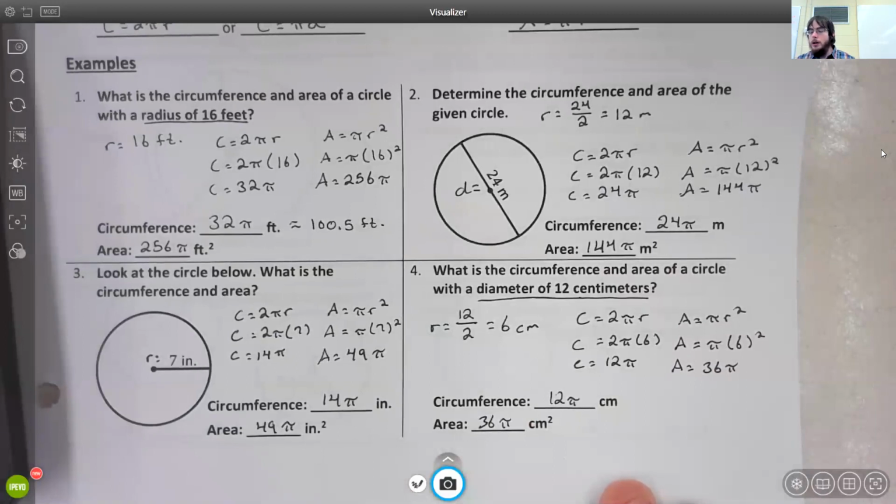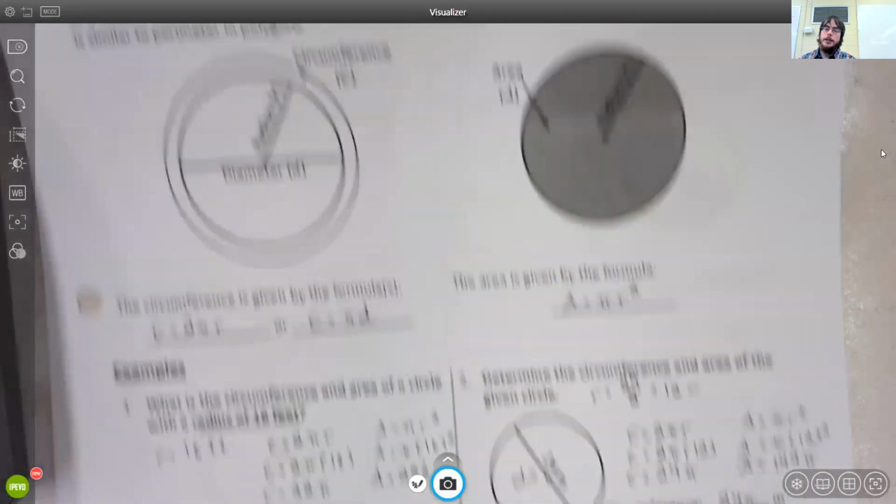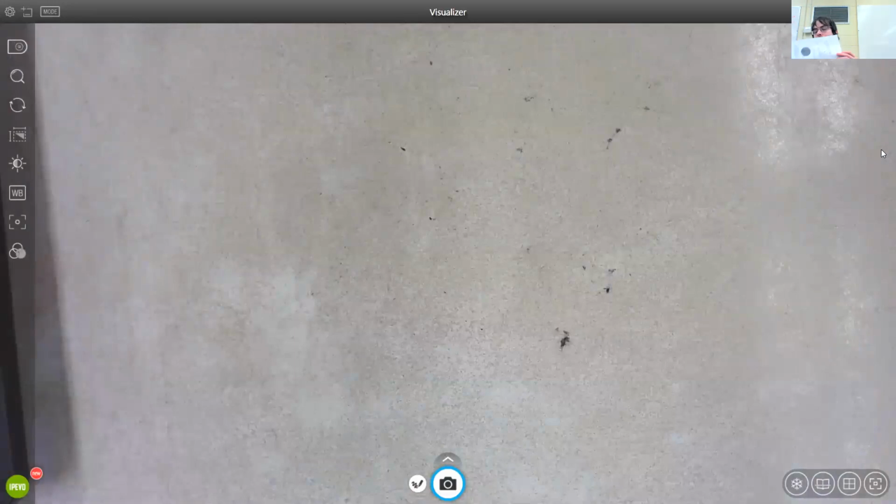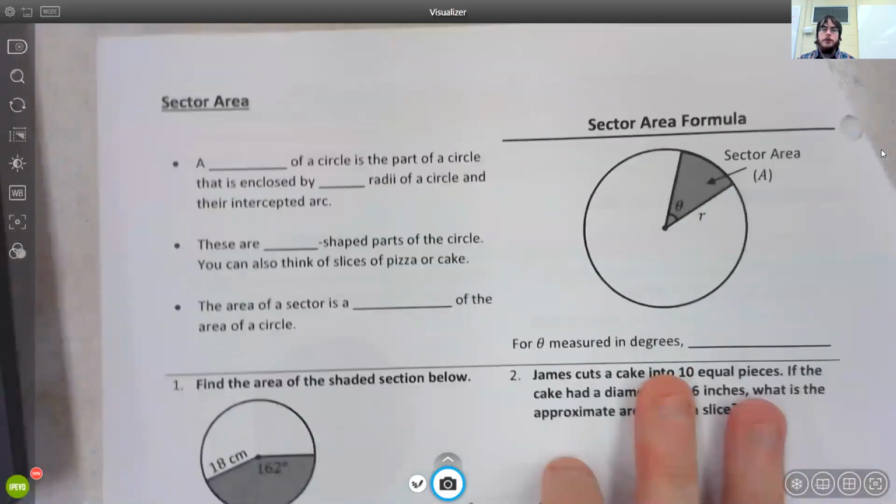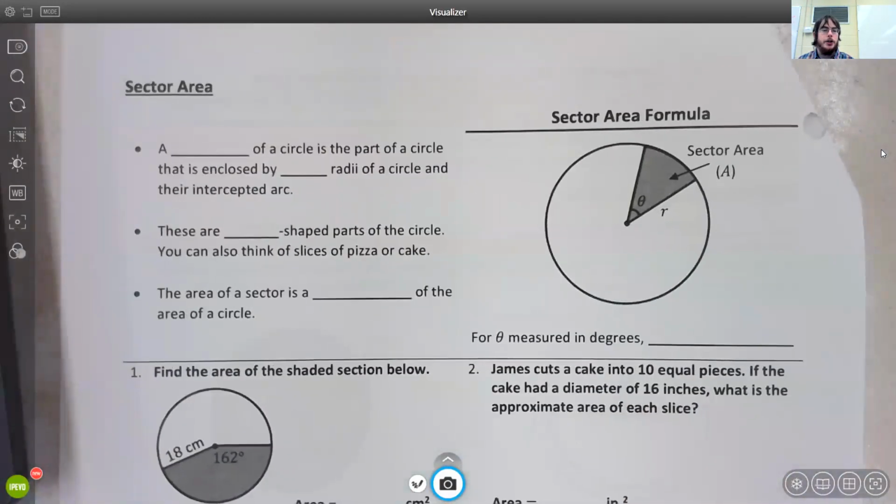Now, what we can do with that is determine the arc length and sector areas of specific arcs and sectors. So the first thing we're going to look at is the sector area. A sector, we talked about this in the diagram with the circle parts, but we're going to reiterate it here.